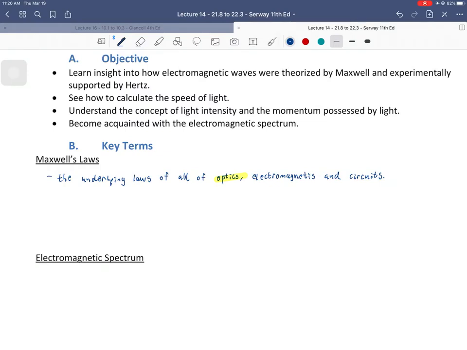What I will say about Maxwell's laws is that, among other things, they state that a changing magnetic field creates a changing electric field and vice versa.